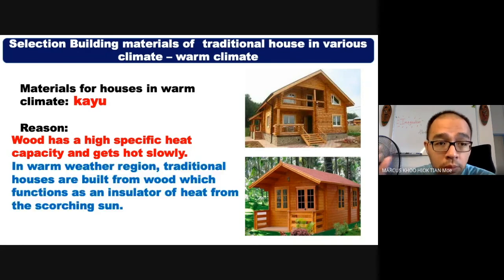So in the warm weather region, traditional houses are built from wood, which functions as an insulator from the heat of the scorching sun. The blue color there, if you don't want to copy, it's not such a big deal, but the red color, please copy. We use wood because it has a high specific heat capacity and it gets hot slower. Dia lambat menjadi panas.